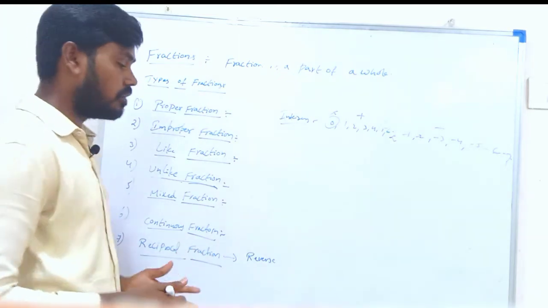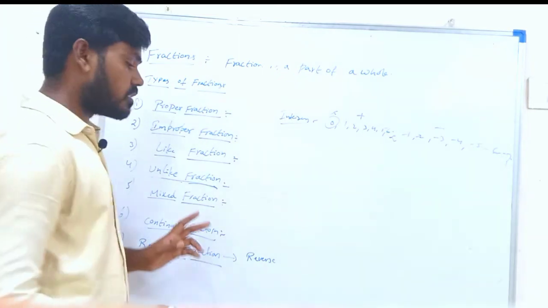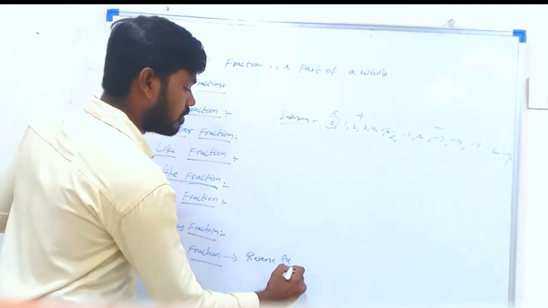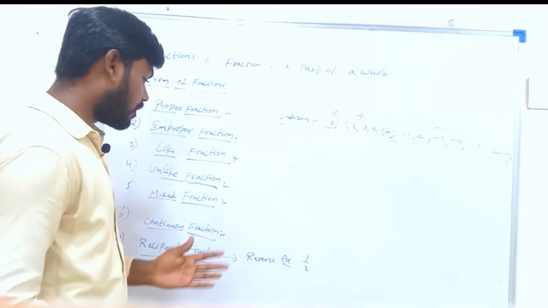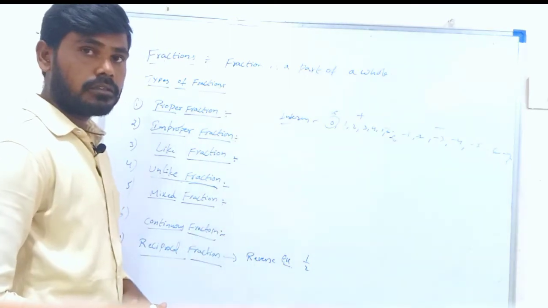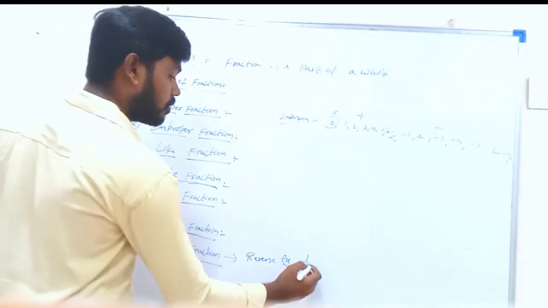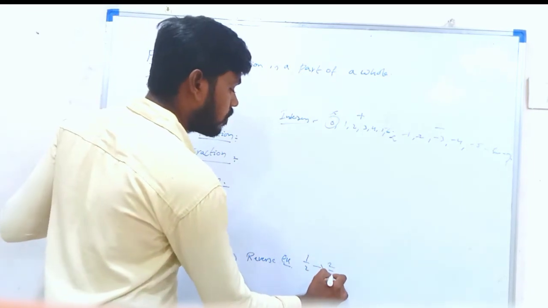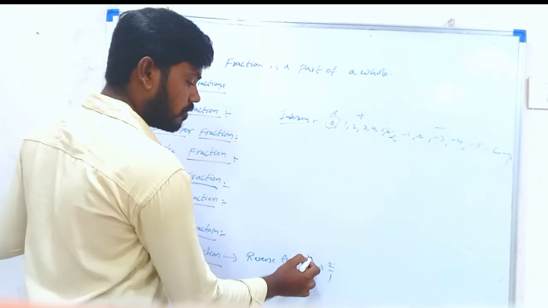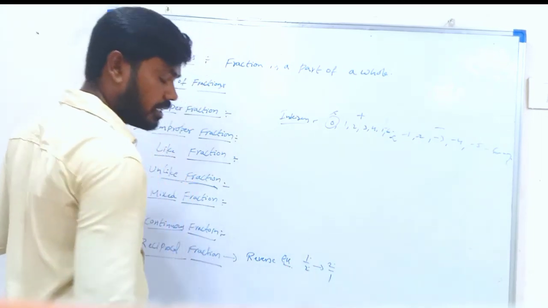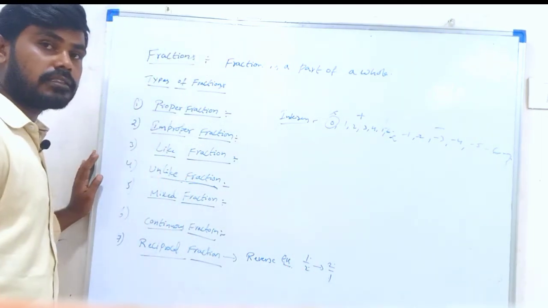Reciprocal means reverse. For example, if you take 1 by 2 as a fraction, what is the reciprocal of 1 by 2? The reciprocal fraction for 1 by 2 is 2 by 1. Here the denominator becomes the numerator and the numerator becomes the denominator.